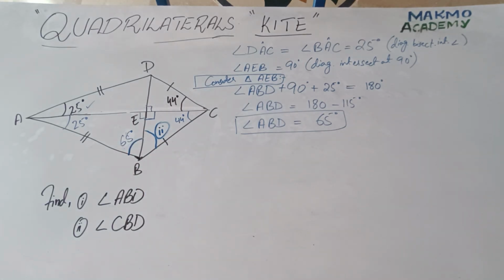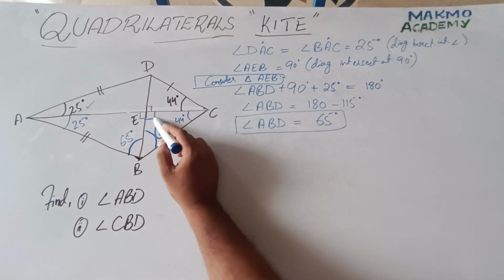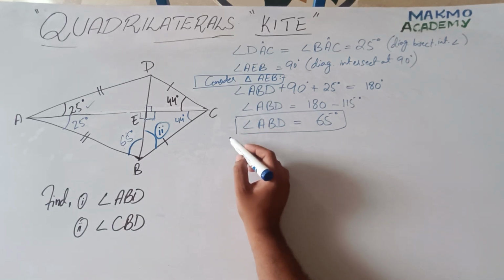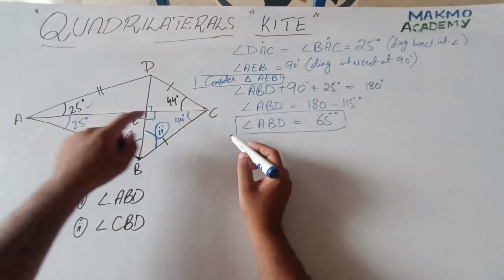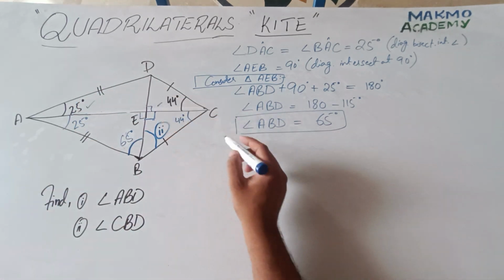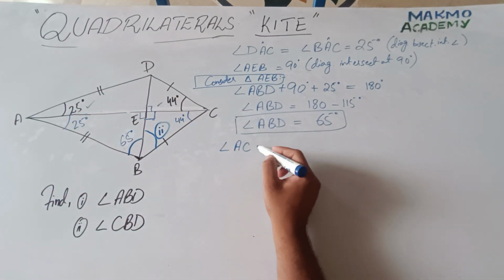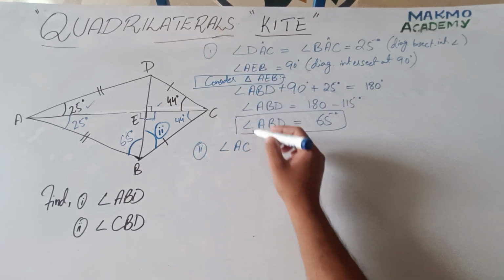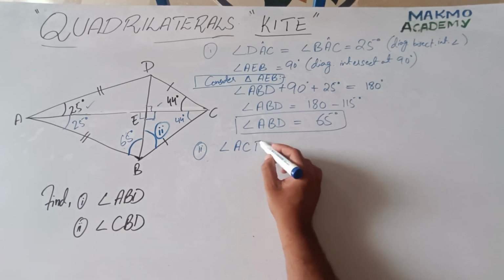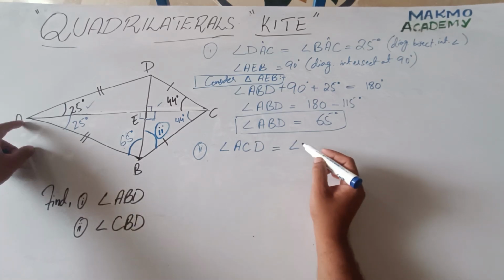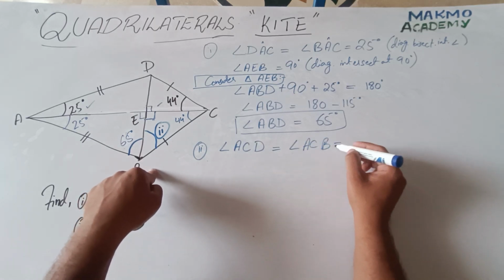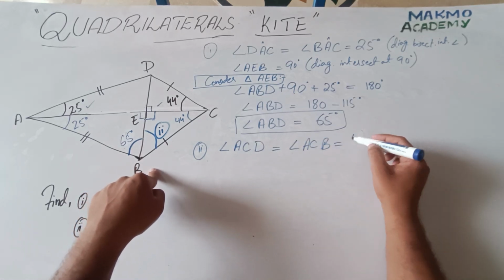In the same way, we know that this corner is 90 degrees, this angle is 90, this angle is 44. Again, in the same way, we will mention the reason. Angle ACD, I'm talking about this angle, I'm solving the second part over here, I have solved the first part over here. Angle ACD is equal to angle ACB, I'm talking about this angle ACB, and both are equal to 44 degrees.